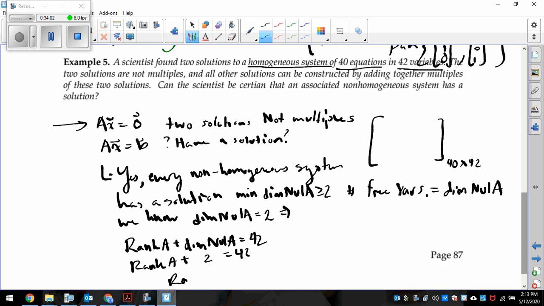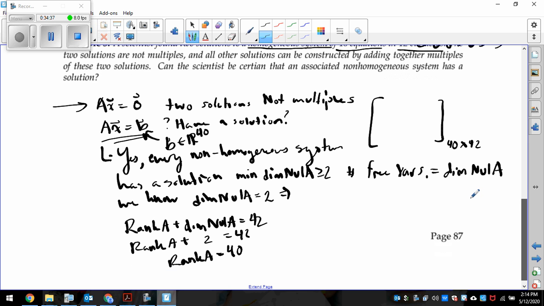So that implies that the rank of A is 40, which means that every single non-homogeneous equation must have a solution because there are 40 rows and 40 pivots. 40 pivots implies that it spans R40, and so if you take a random vector B inside R40, then it's going to be inside the span of the columns, the column space, just because you don't have enough free variables for it to not be.